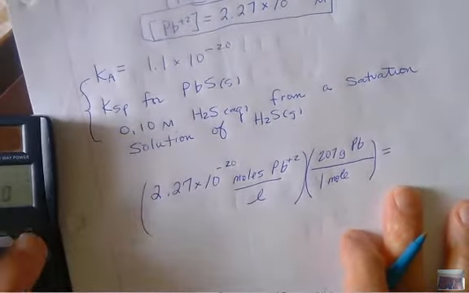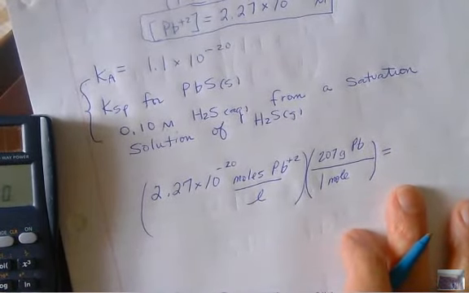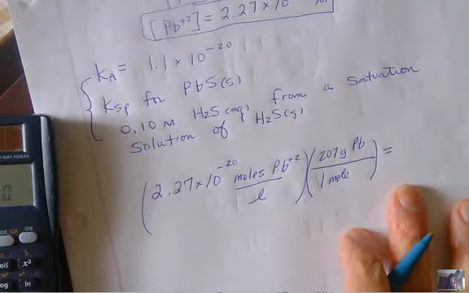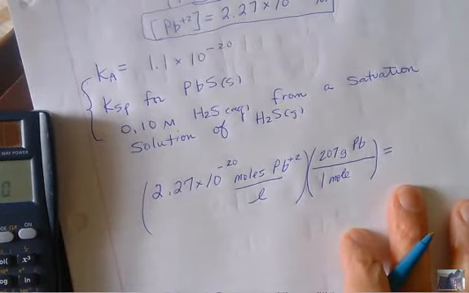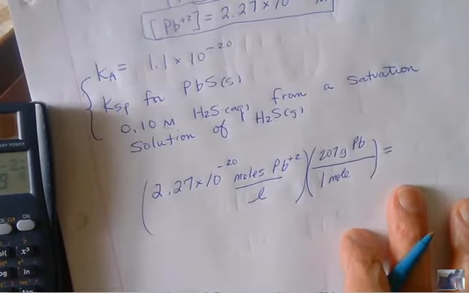Okay, then I just have to change the denominator. So I get 207 times 2.27 e to the minus 20th.